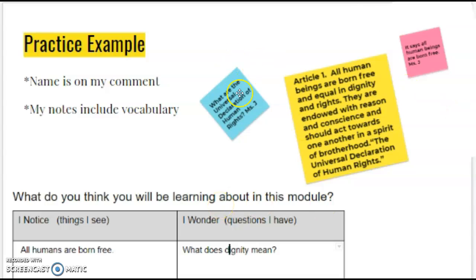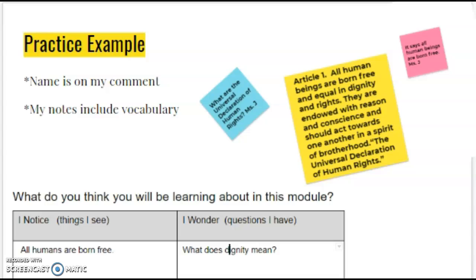Alrighty, so 2 things to note while you are working. My expectation for you is to only comment on 3 of the resources with the sticky, and be sure that you're commenting on each other's comments and you're not just repeating the same thing that everybody else is saying.